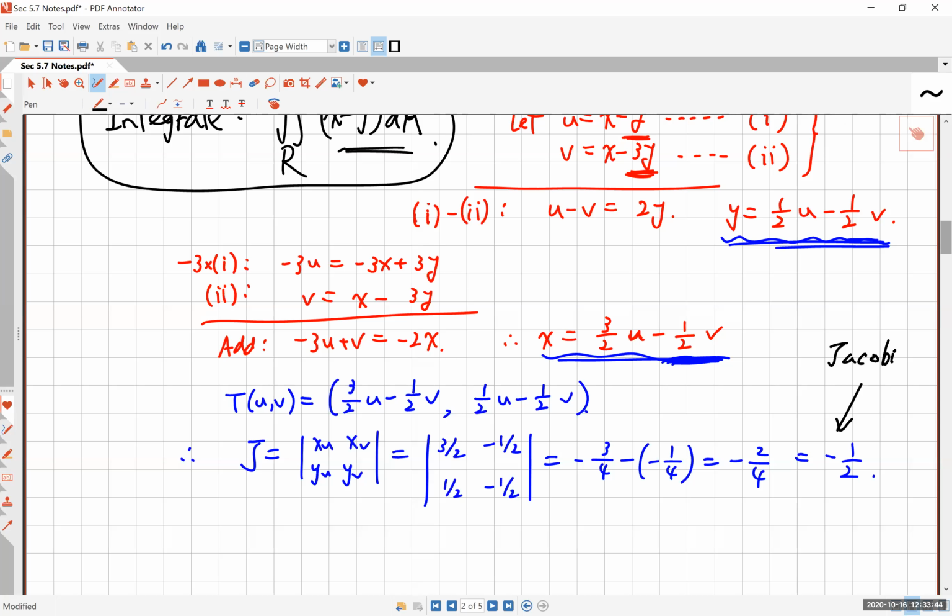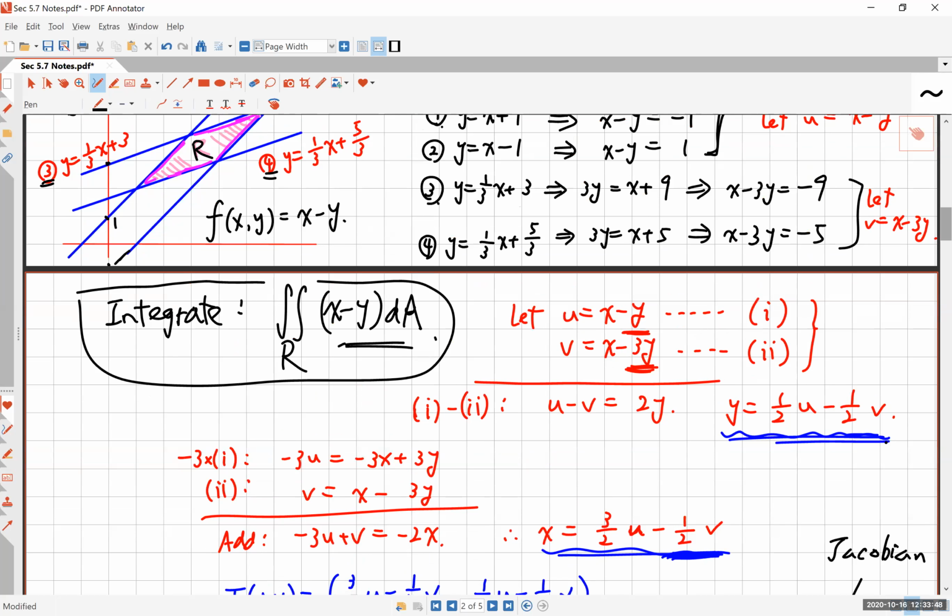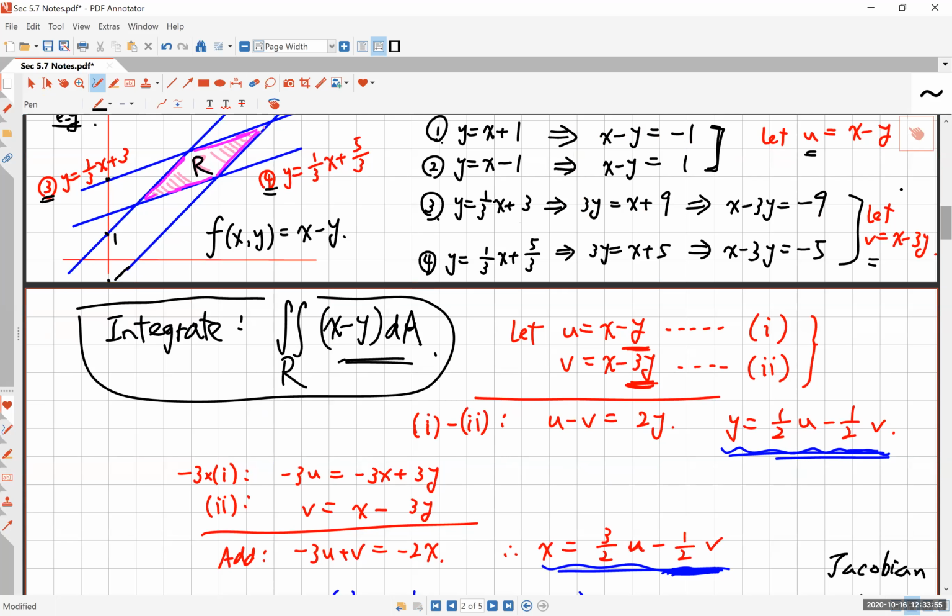Now, remember, what I had to do was figure out what I want my U and V to be. I wanted my U to be x minus y, and V to be x minus 3y, so that these numbers will be constant. x minus y goes from -1 to 1 and so on.